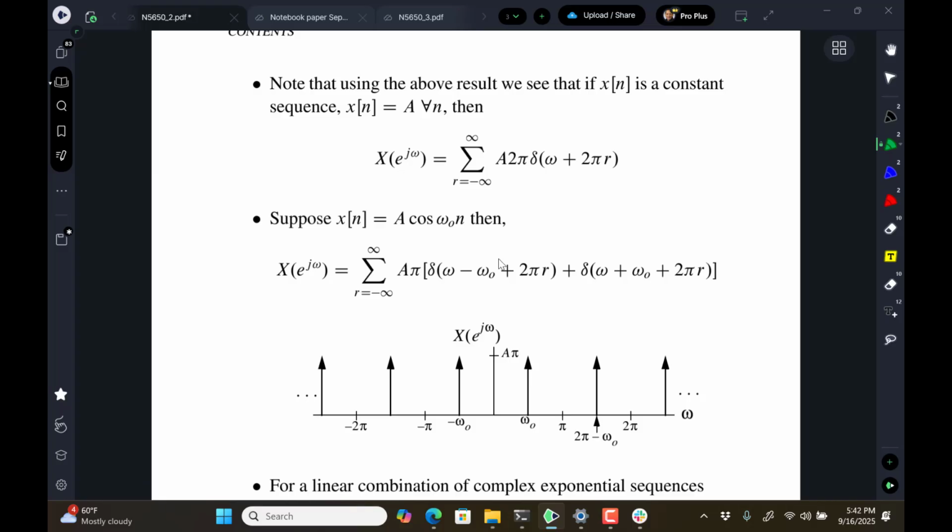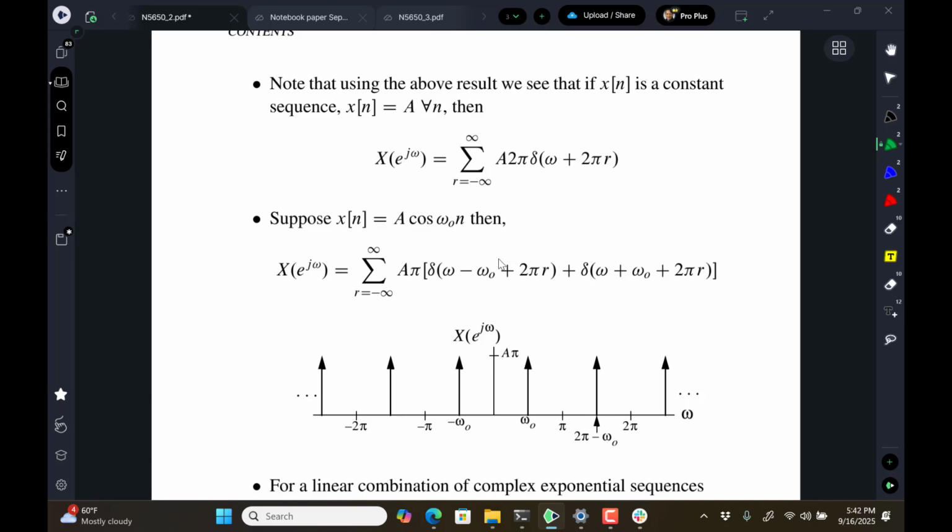So here we could have a bunch of different sinusoidal spikes superimposed. Well, no, this is for a constant sequence. A constant sequence would have a spike at DC, and then it would have more spikes at multiples of 2 pi.